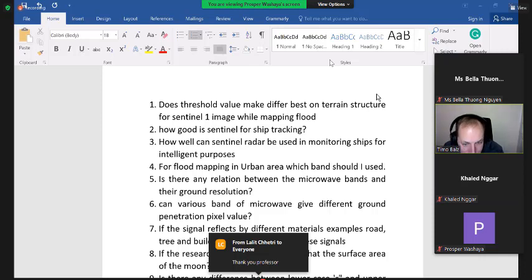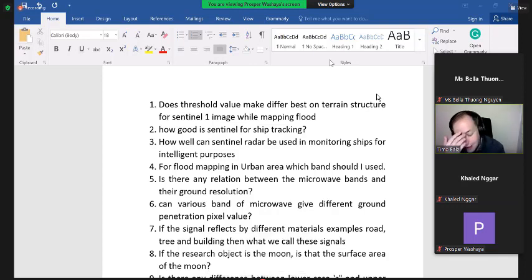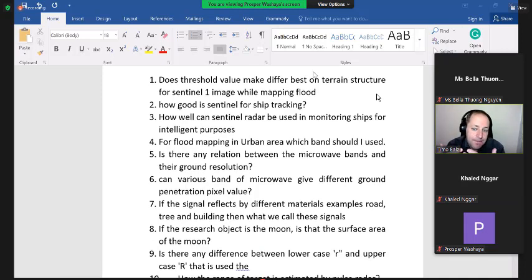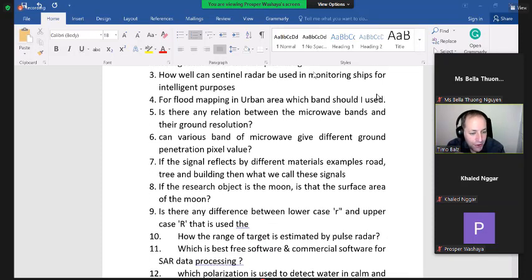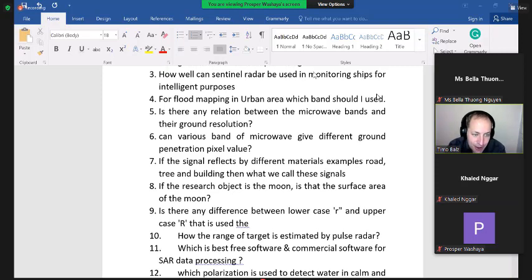For flood mapping in urban areas, which band should I use? Well, you're going to have a hard time finding floods in urban areas, to be very honest, because there's lots of interaction with the buildings, and it's going to be very difficult to separate flood there. If a road is underwater, the road is normally also very black in a SAR image.